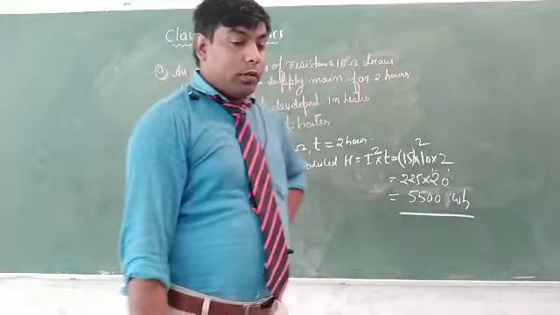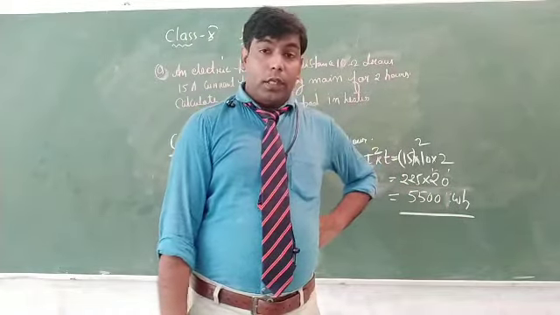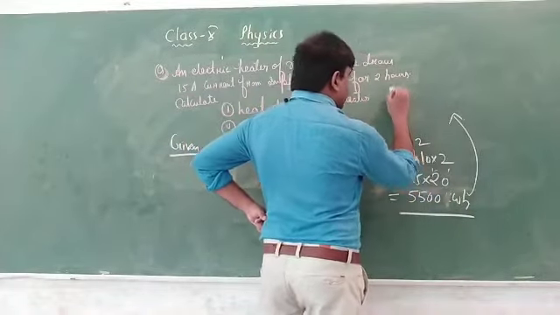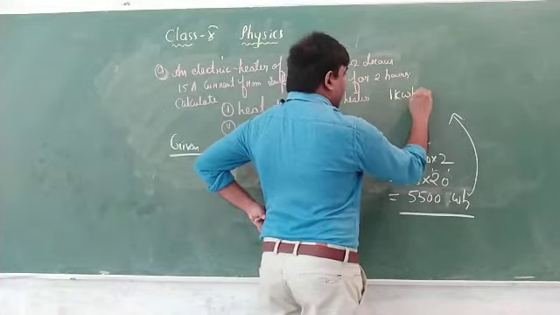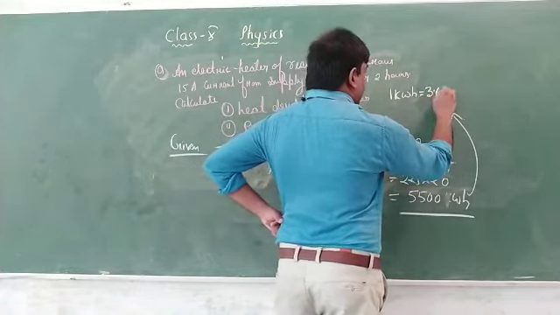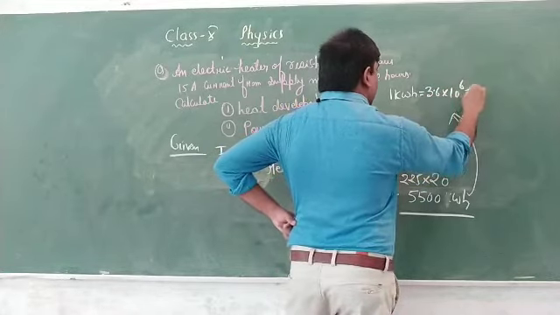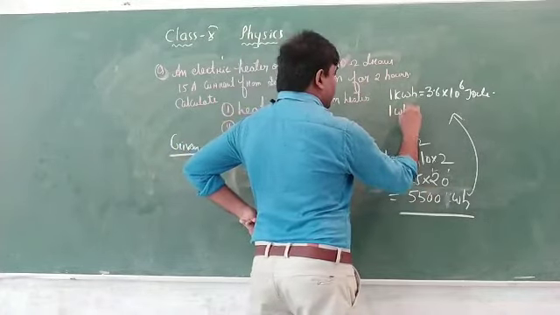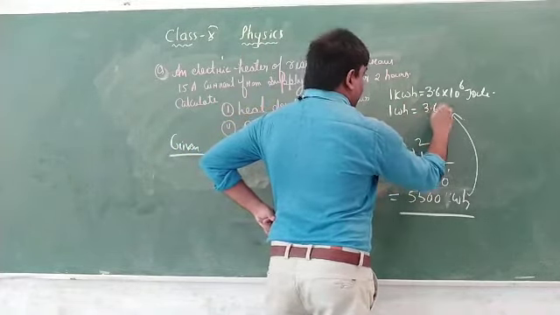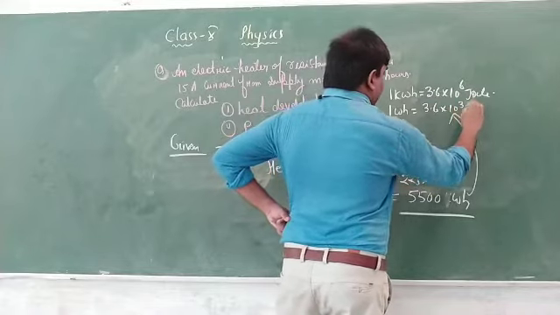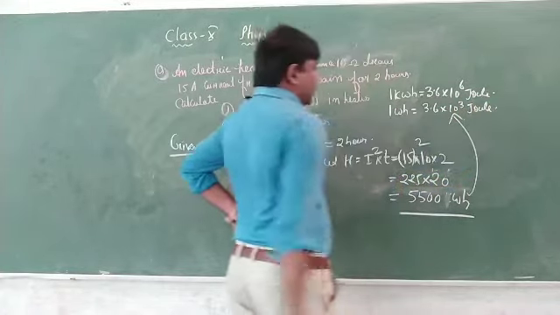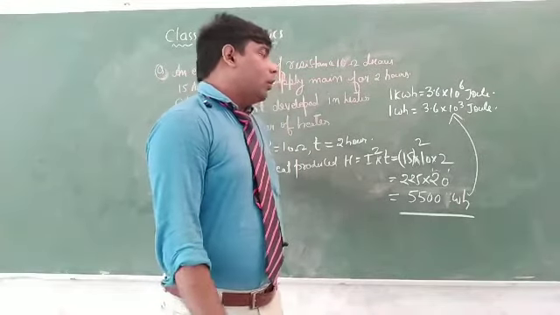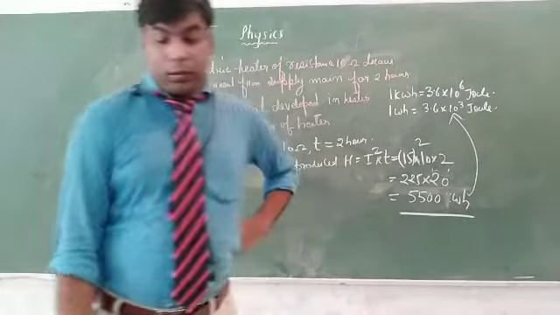Now, if we want to write this energy in joule, then you know that 1 kilowatt hour is equal to 3.6 into 10 to the power 6 joule, or 1 watt hour is equal to 3.6 into 10 to the power 3 joule.